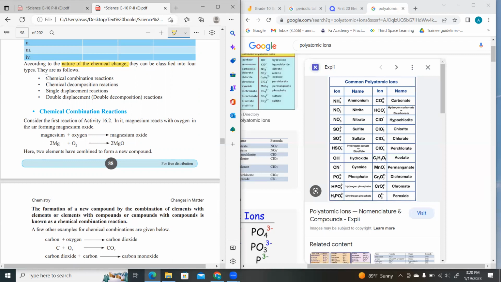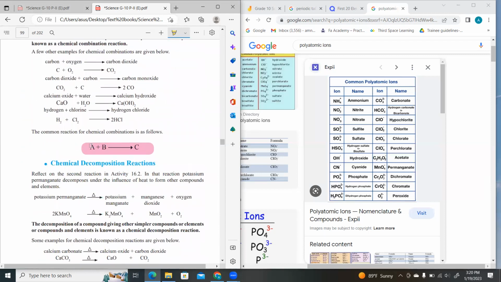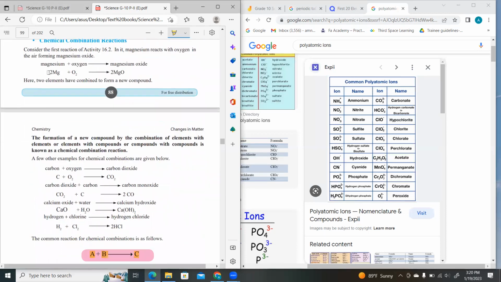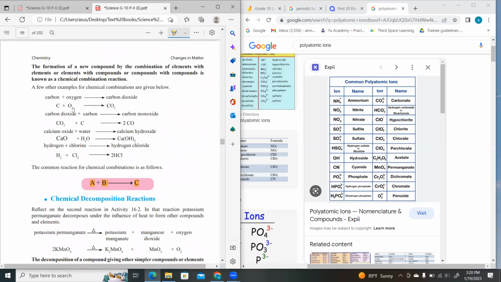See, the first one is chemical combination reaction. Combination means 2 reactants will be combined and give you a product. For example, they have shown here, magnesium is combining with oxygen. Can you see? Both the elements are combined, right?